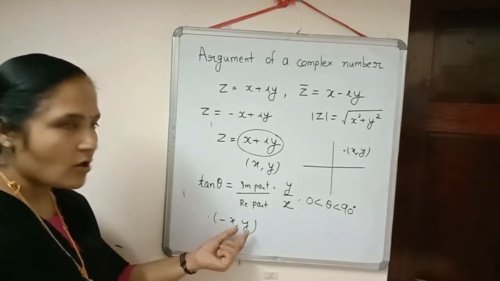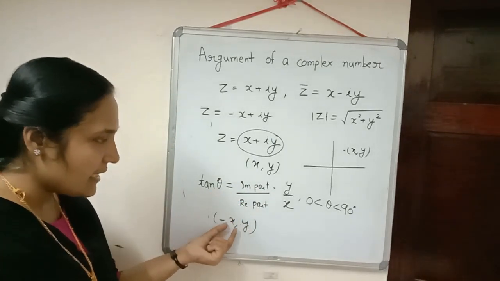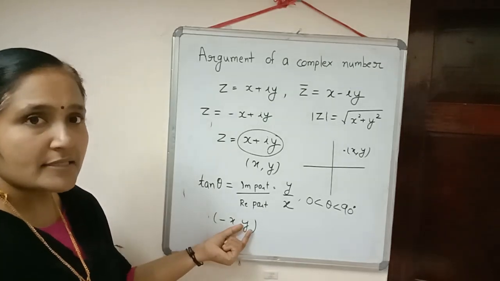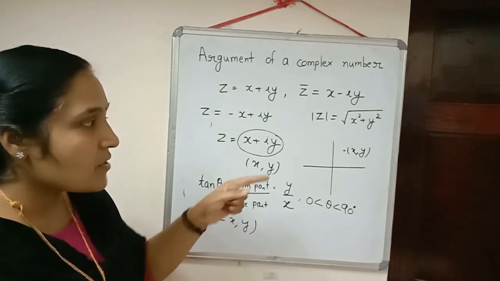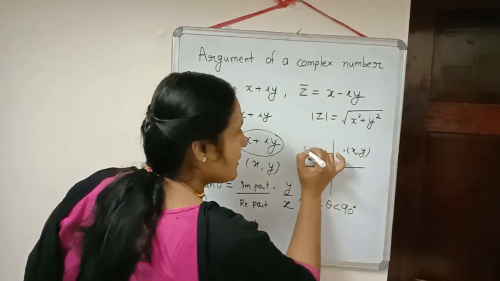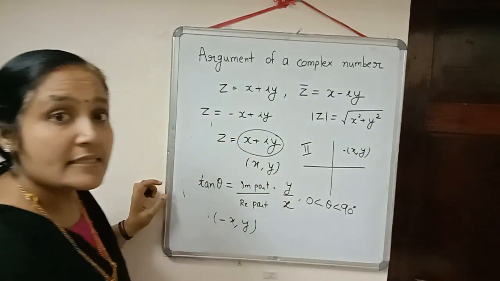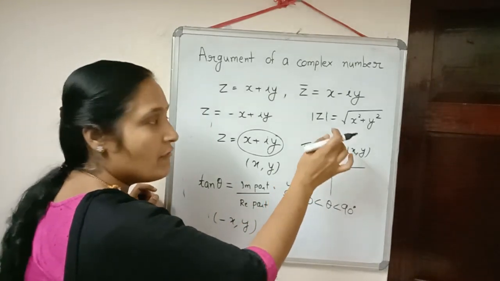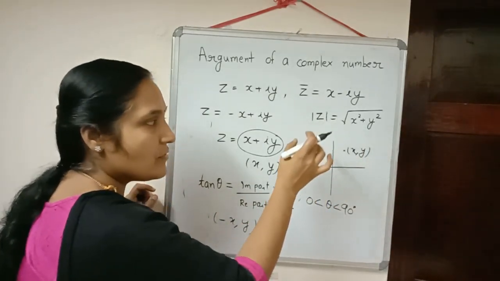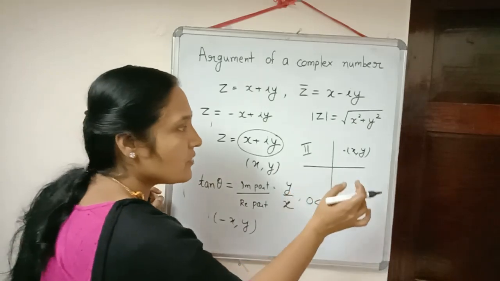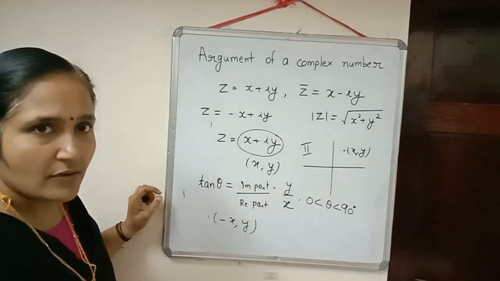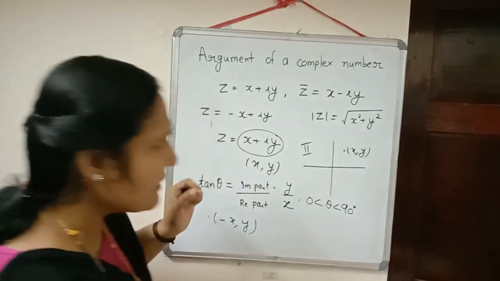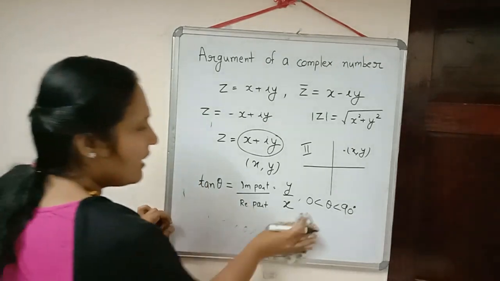The x coordinate is negative and the y coordinate is positive, which means it is in the second quadrant. So we will write the angle according to whether the points are in the first, second, third or fourth quadrant.